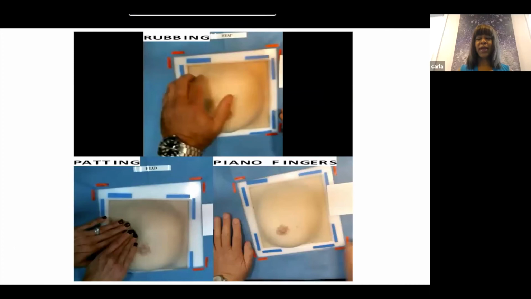What we noticed when synchronizing sensor and video data, we were able to look at hundreds of physicians during a simulated breast exam. This study had 600 physicians.